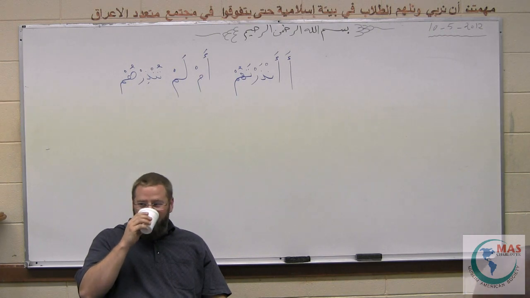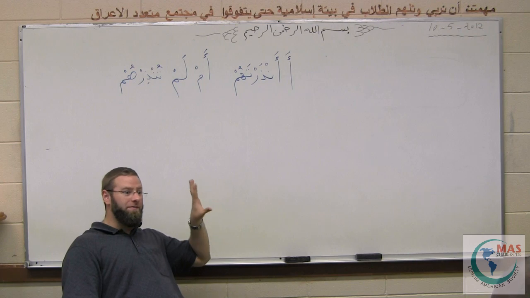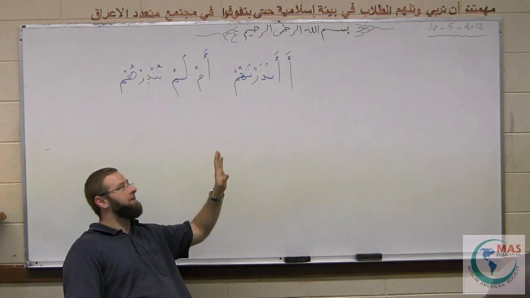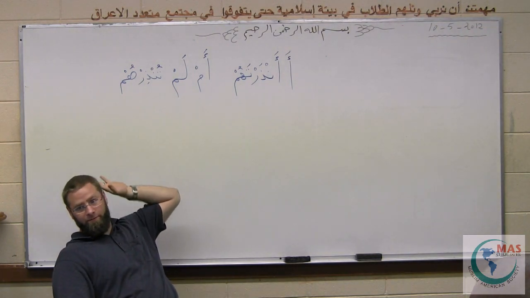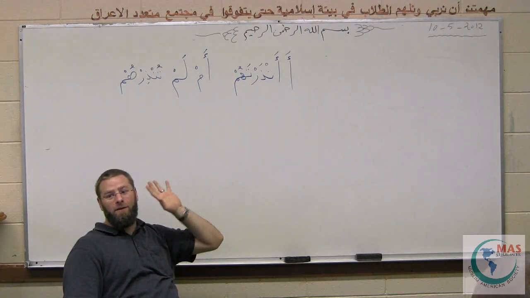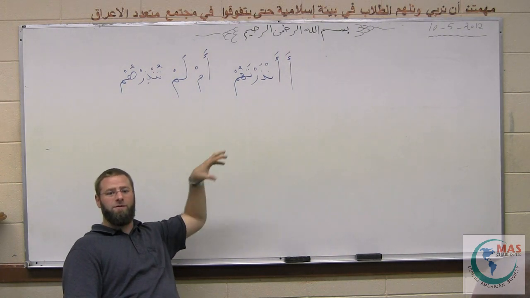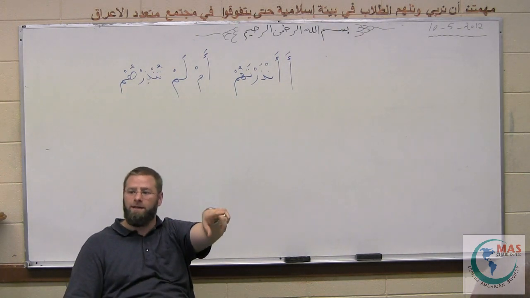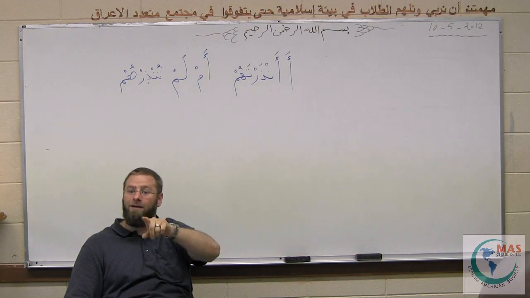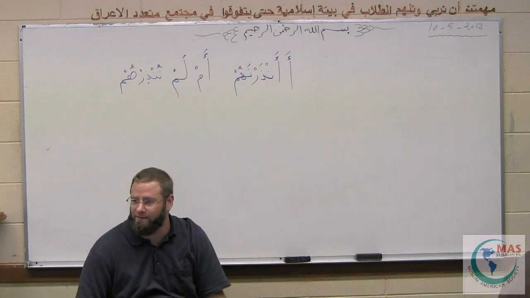You could actually say, if you wanted to, ما أنذرتهم and it would mean the exact same thing without any difference. أنذرتهم أم ما أنذرتهم. If you said ما أنذرتهم, you didn't warn them. But لم تنذرهم, you didn't warn them. This is just two ways of doing the same thing.